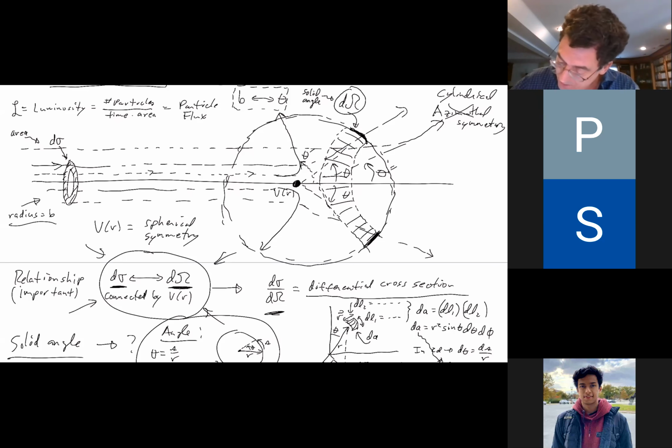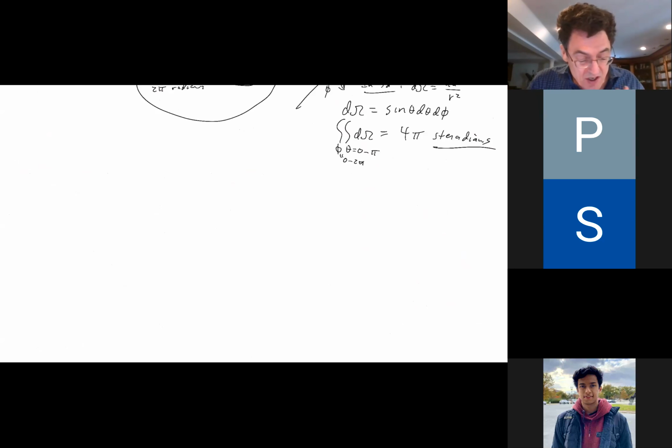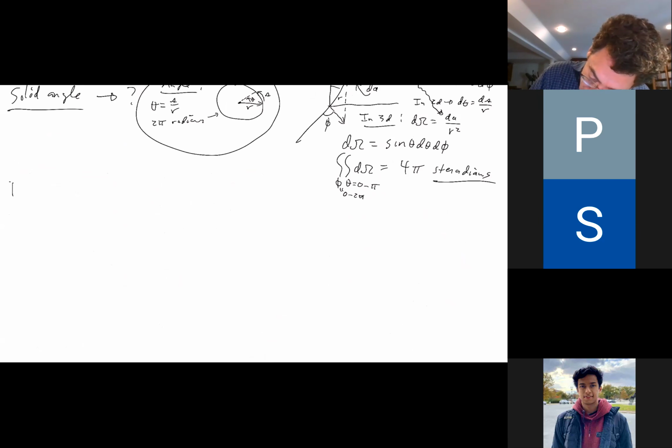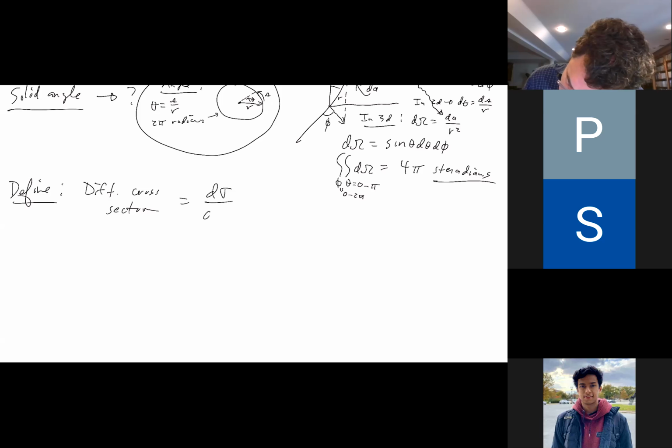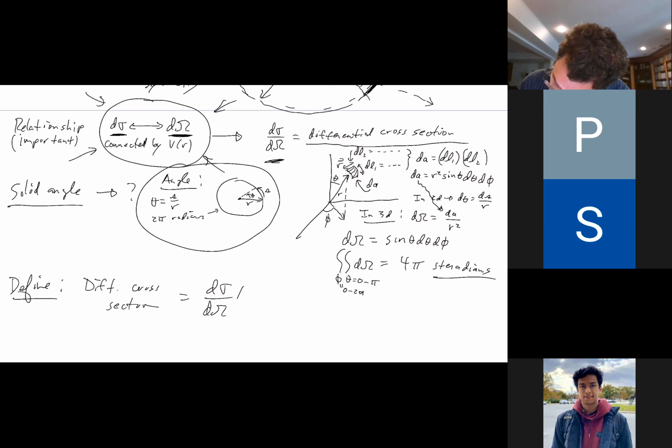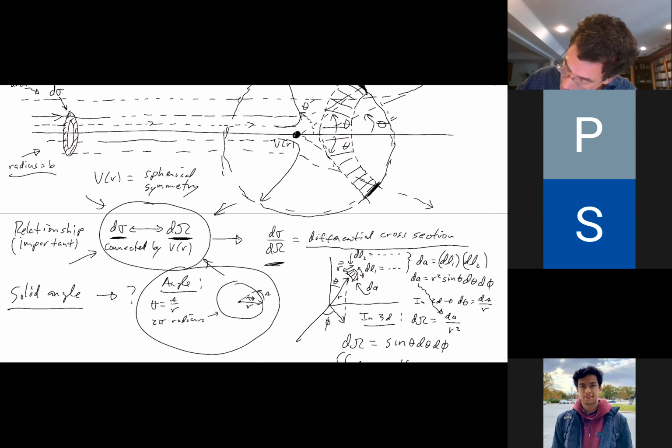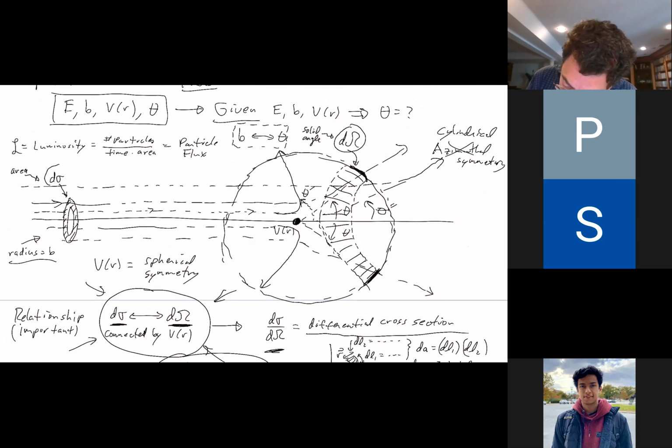Now, if I define this ratio of the differential cross-section equals d sigma d omega, and by the way, this is a function of theta, because this is the d sigma and this is the d omega for a particular value of theta.